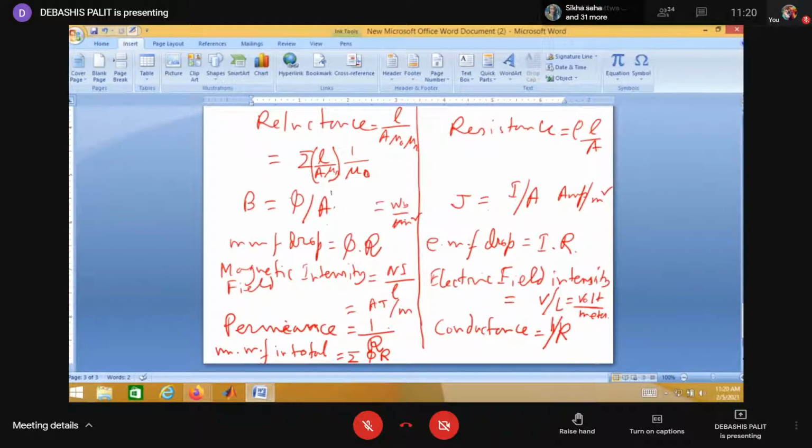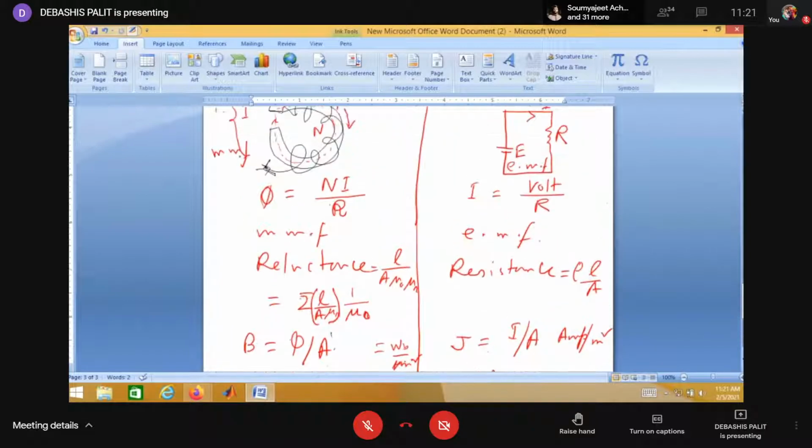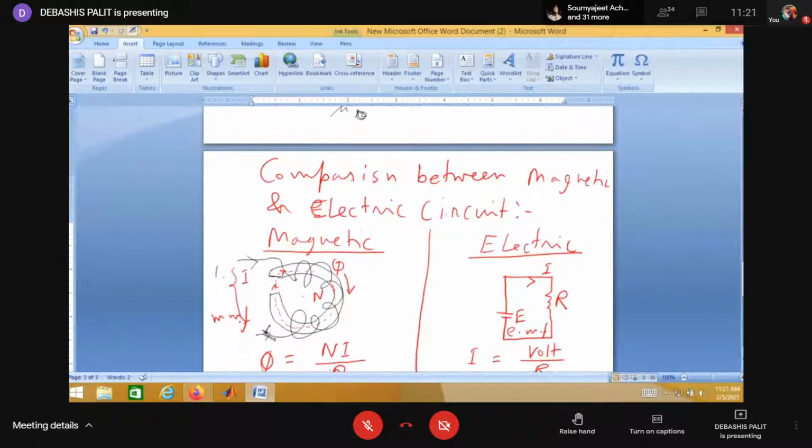If some flux flows through air, the reluctance of air is different from the reluctance of magnetic material. So the sum of phi r, just like the total emf is the sum of I into R. So these are all the similarities between a magnetic circuit and an electric circuit.